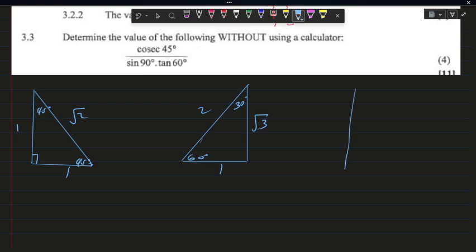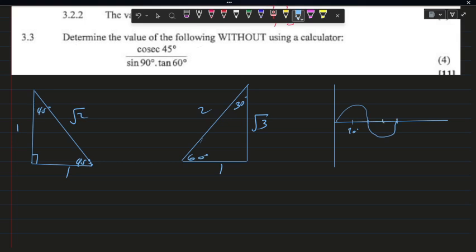Okay, and then we can see that we have sine of 90 degrees. That means we will need a sine graph. Okay, let's draw a rough sine graph. Okay, so sine looks like that. We go up, we come down, and yeah.